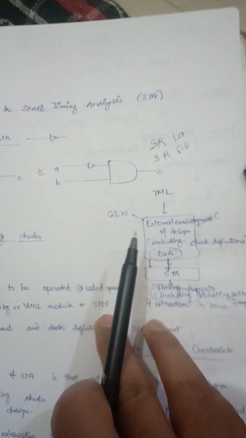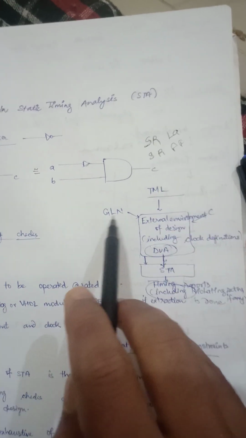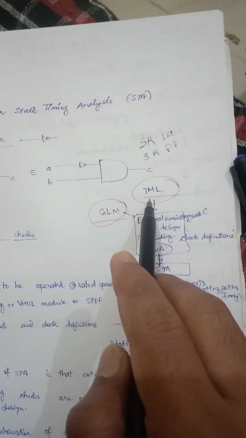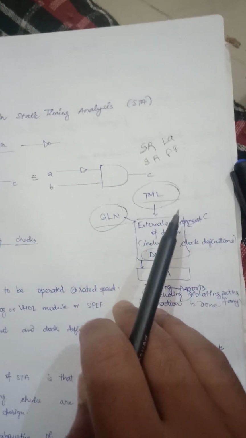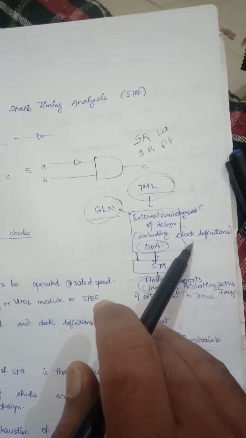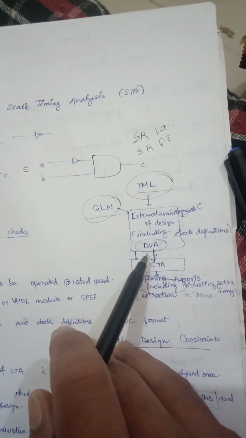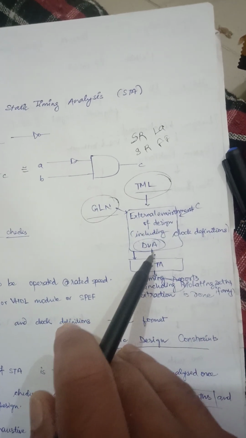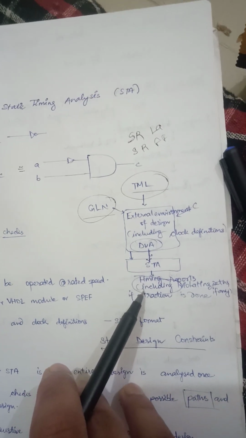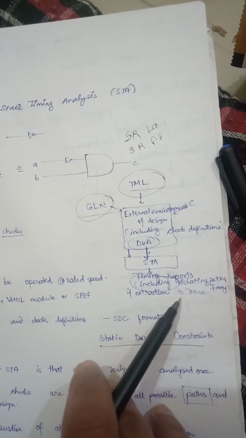What is happening is that our TML and our GLN, this is your homework, to get to know what TML and GLN are. When it is provided with the external environment of the design, including clock definitions, as an input, with a design verification analysis, we get these timing reports through an STA, including violating paths if extraction is done.